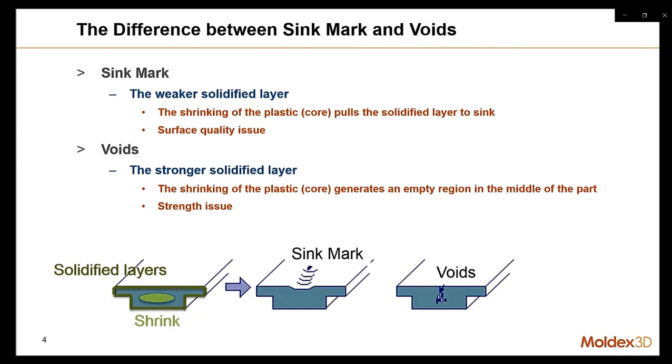But if the solidified layer is not strong enough, the shrinkage in the core area will pull the solidified layer in, and it will become a seam mark just on the surface. So even though seam marks and voids come from the same root cause, they become different defects. The seam mark is a defect of surface quality, but the void is a defect in the middle area, so it becomes a defect about structural stress.